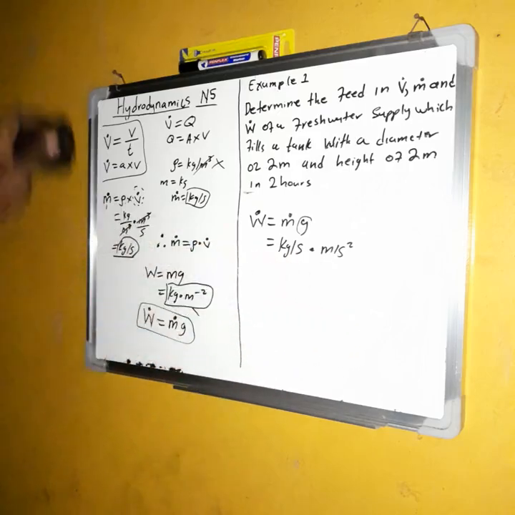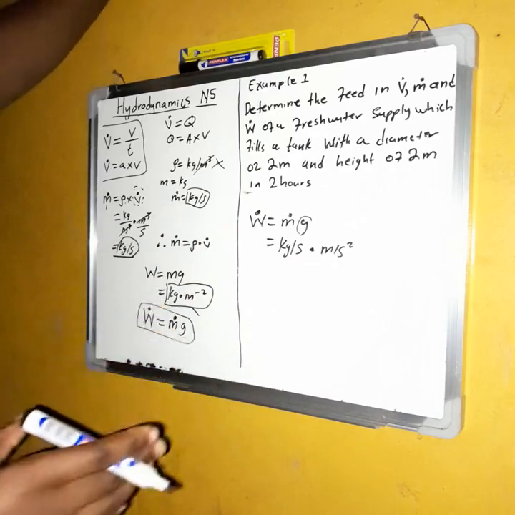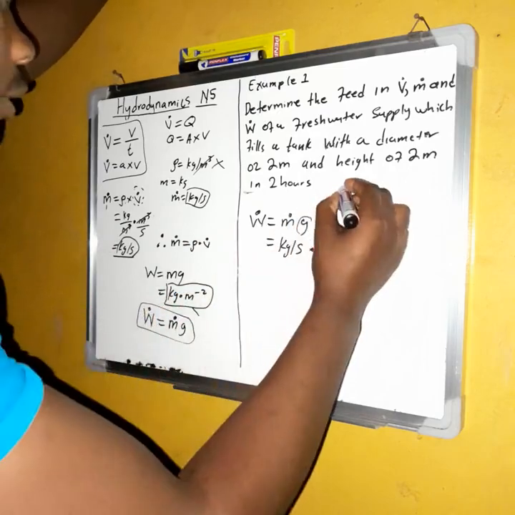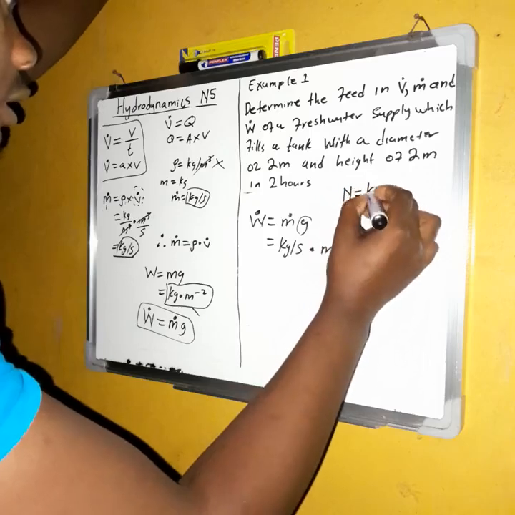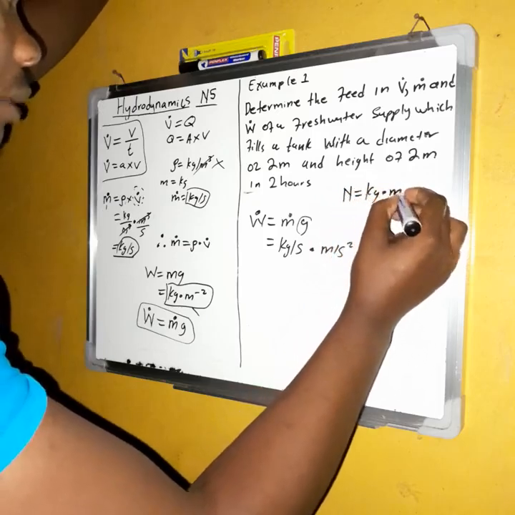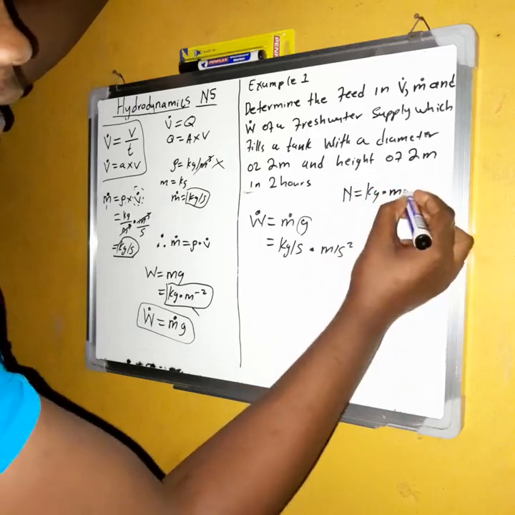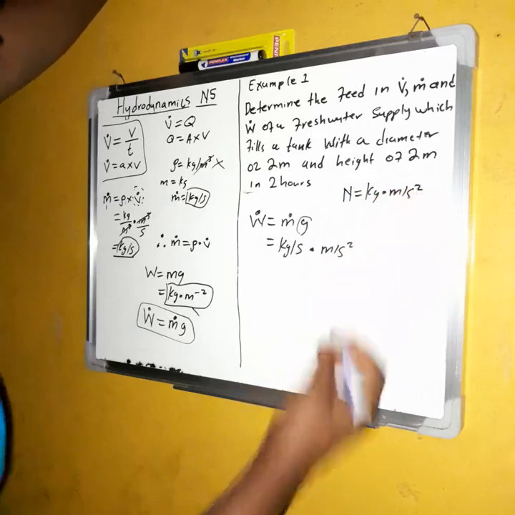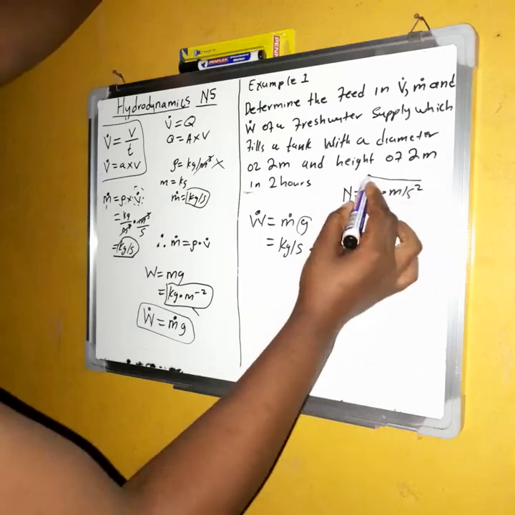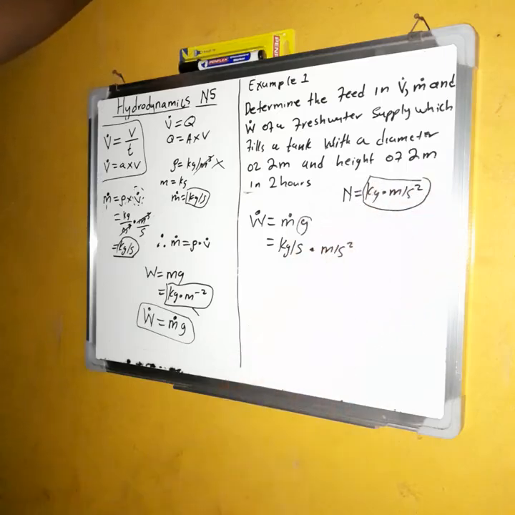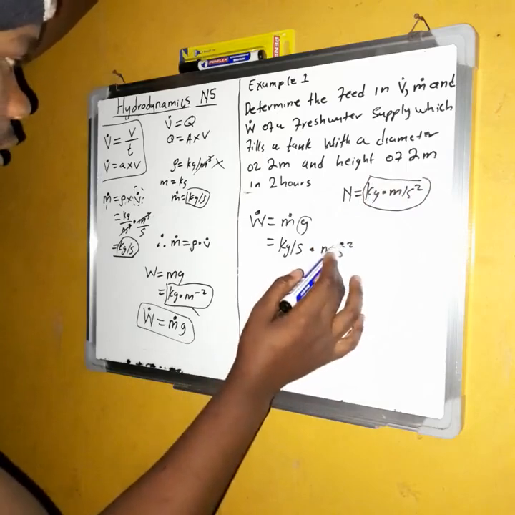Let us erase here. Now, we know a newton is kg multiplied by meters per second squared, right? This is the newton. So how can we make this as a unit?